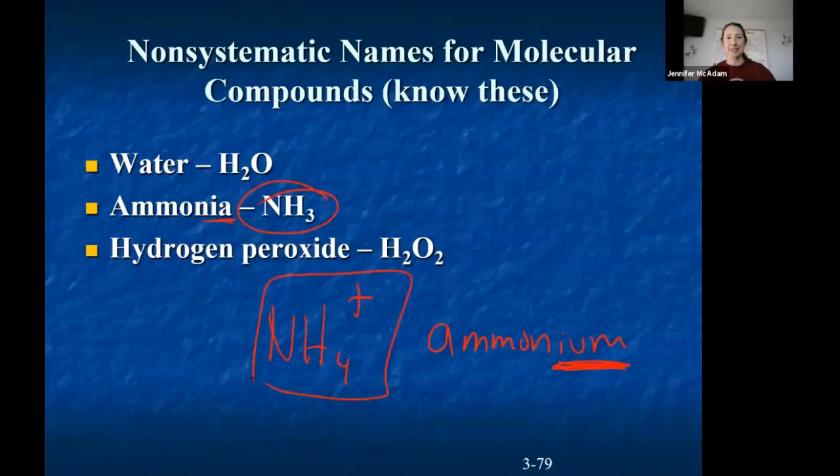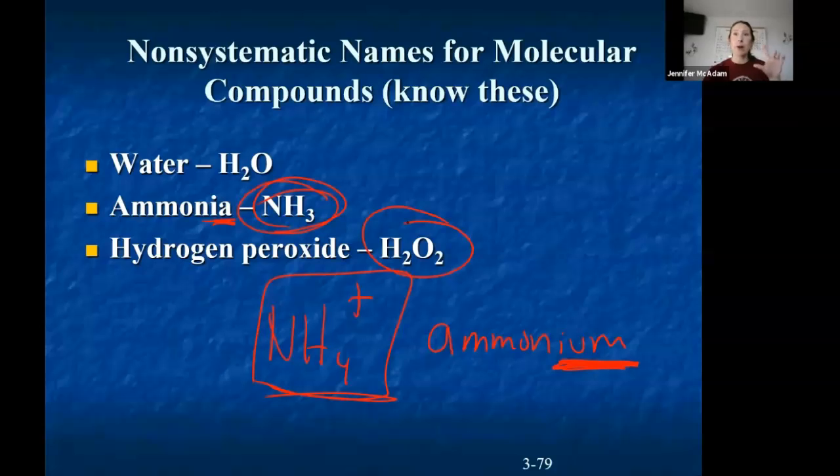These two are easily exchanged, right? So be careful. Ammonia is NH3. Ammonium is NH4 plus. The other one you need to remember is hydrogen peroxide. This is that same stuff that's in the brown bottles in your medicine cabinet. That's hydrogen peroxide. Okay, so those are our 3 that we need to just remember.